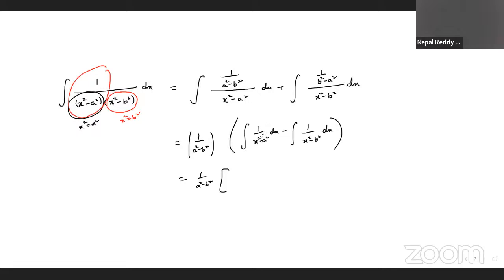Next, 1 by x square minus a square integration is 1 by 2a log modulus x minus a by x plus a. Next, minus 1 by 2b log modulus x minus b divided by x plus b. This is the result.